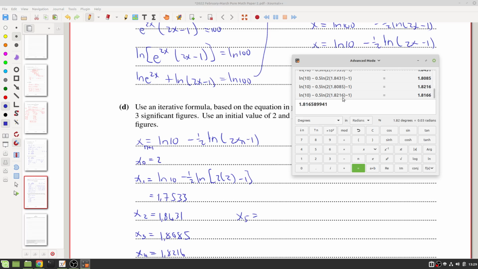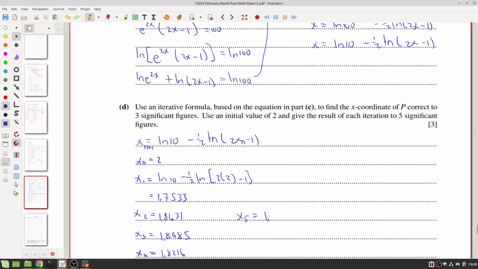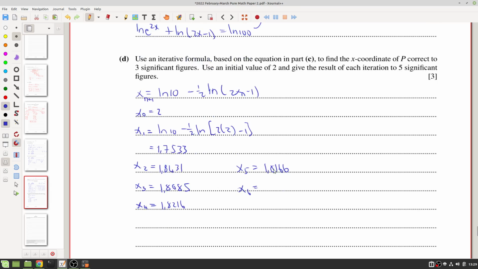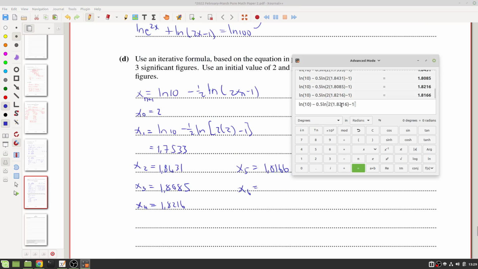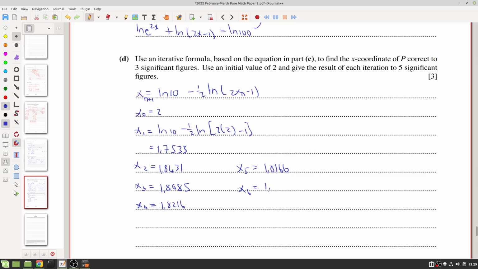From 1.8216 we get 1.8166. x6. It rounds off to the same thing, but let's keep going a little bit just to make sure. From 1.8166 we get 1.8185. Okay, so this looks good.